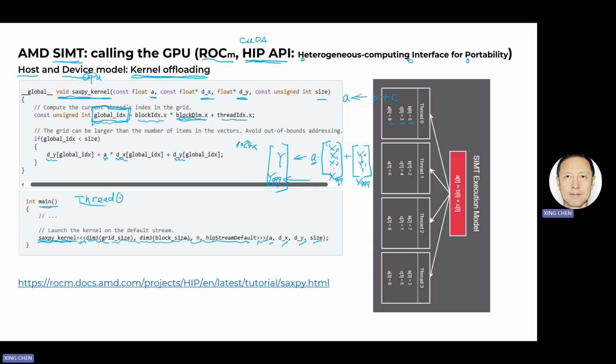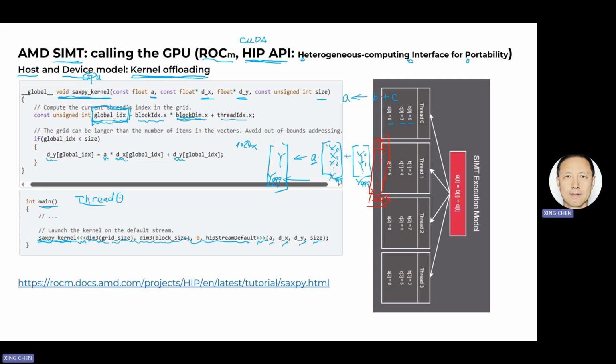Let me change the color. The threads will be organized like this: thread 0, thread 1, etc., up to thread 1023, because you have got 1,024 threads.